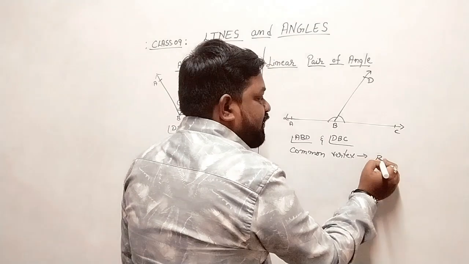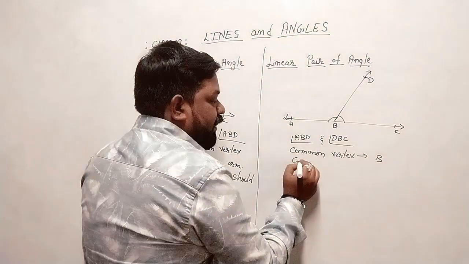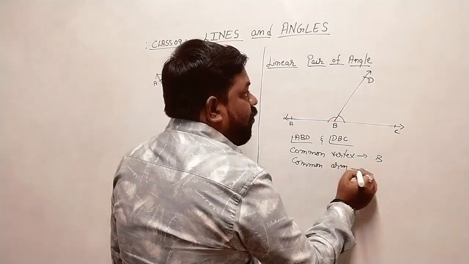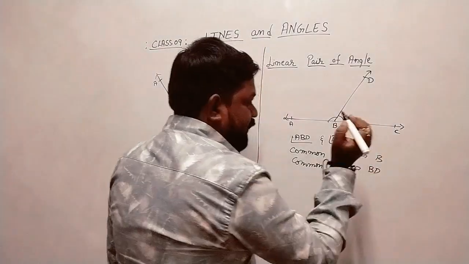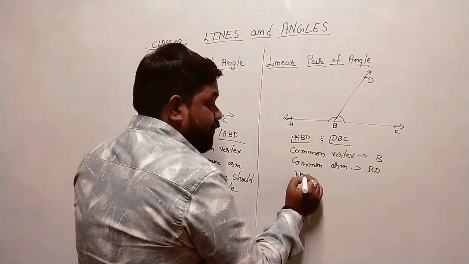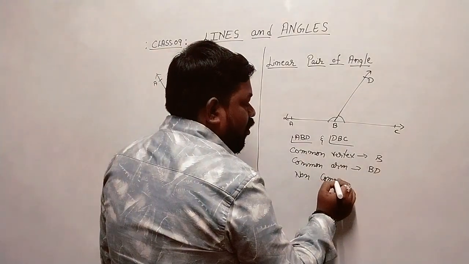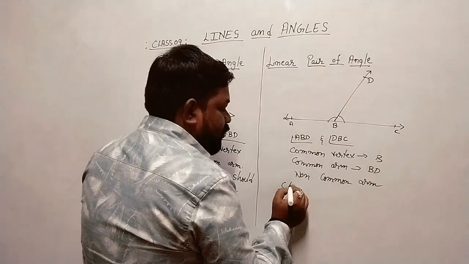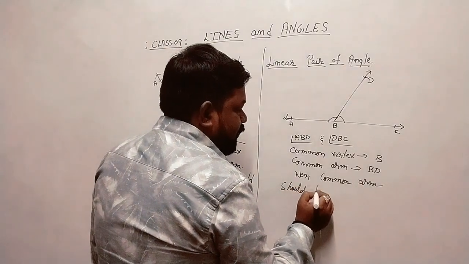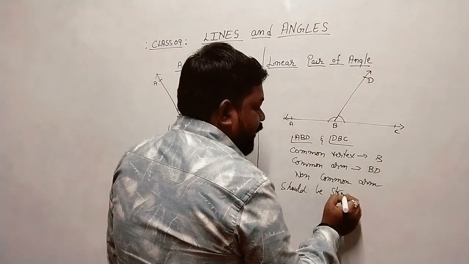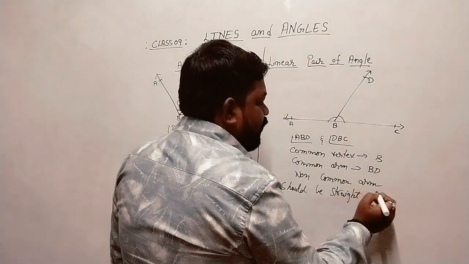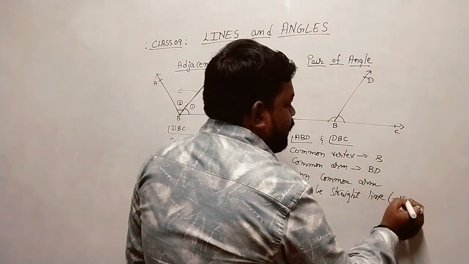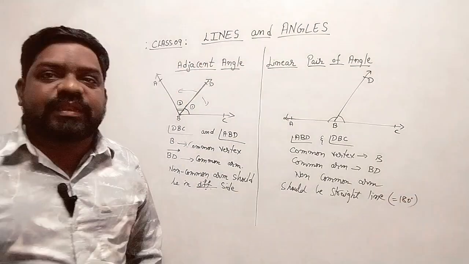So the common vertex is B here, and the common arm is BD, and the non-common arms should form a straight line. Okay, this is the condition for a linear pair of angles, that is equal to 180 degrees.